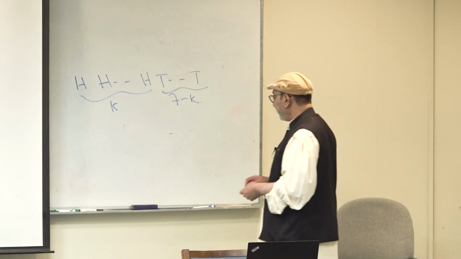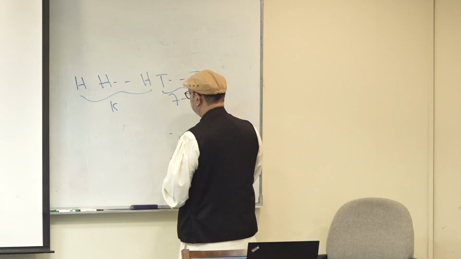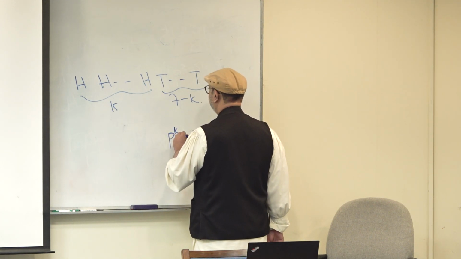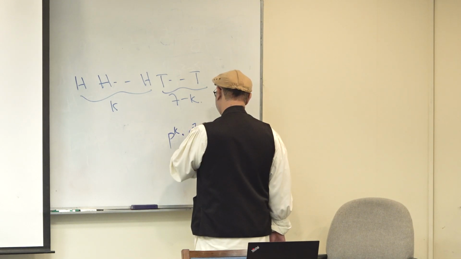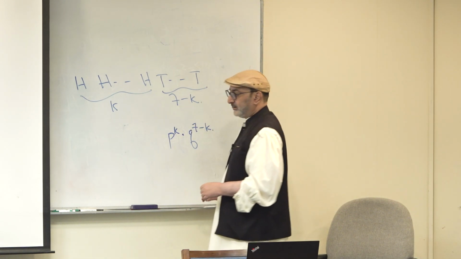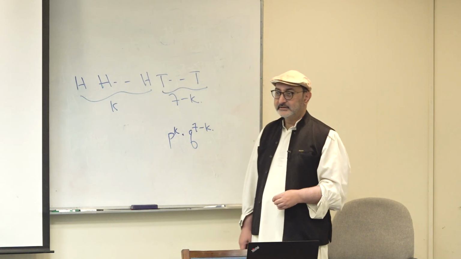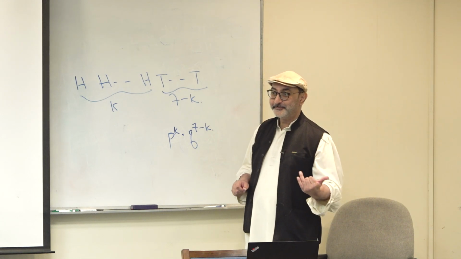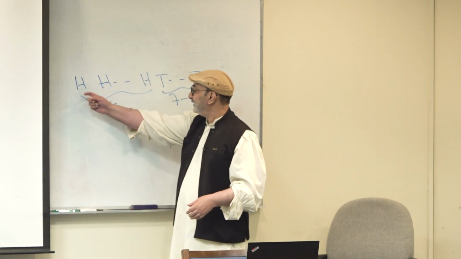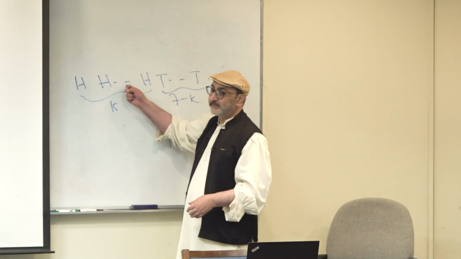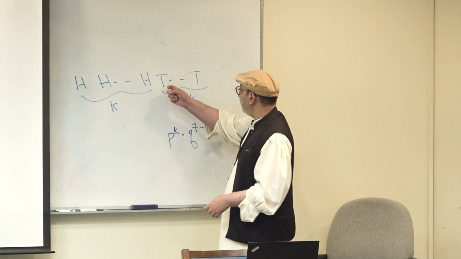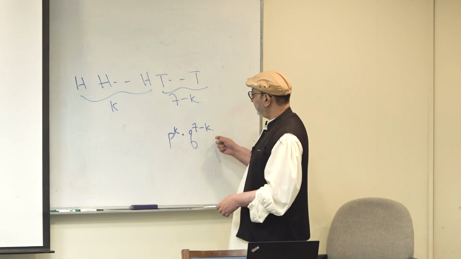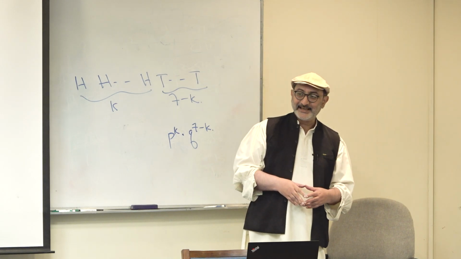The probability of this exact sequence is P to the k times Q to the 7 minus k, because the coin flips are independent. The coin doesn't remember what happened before. So the probability here is P times P times P times P, k times, times Q times Q times Q, and so on, 7 minus k times. So this is the probability of exactly that sequence.